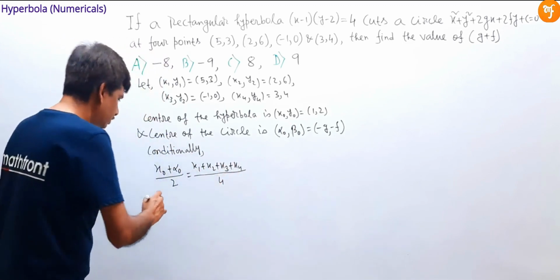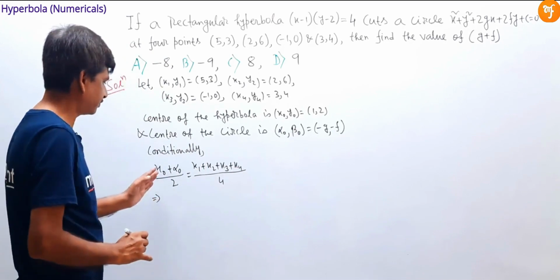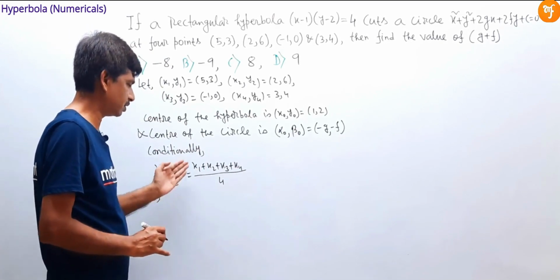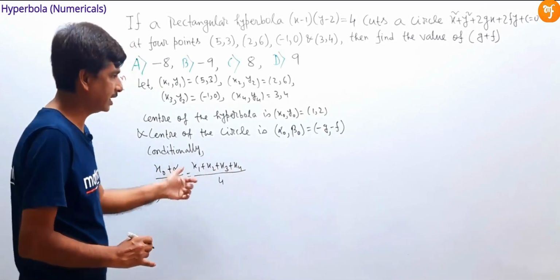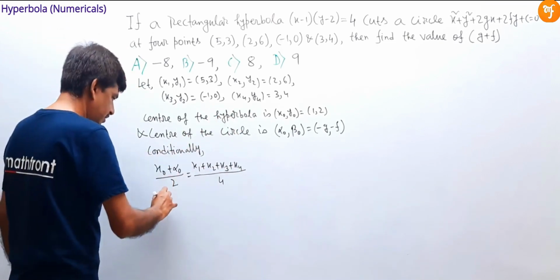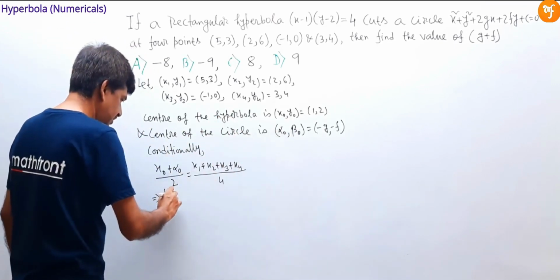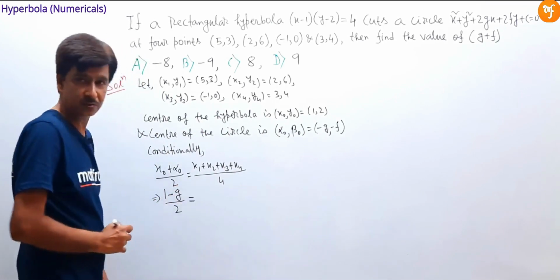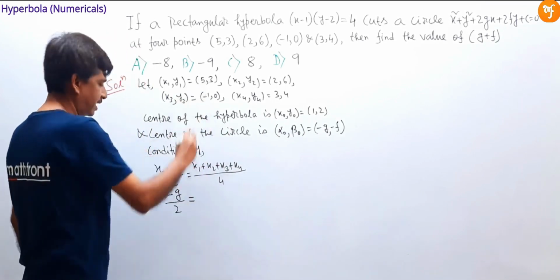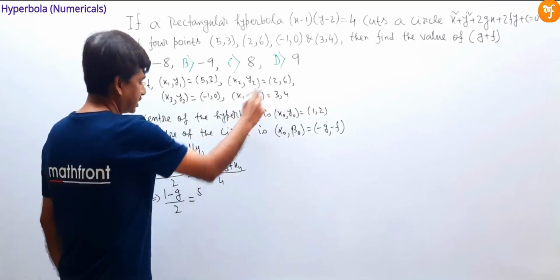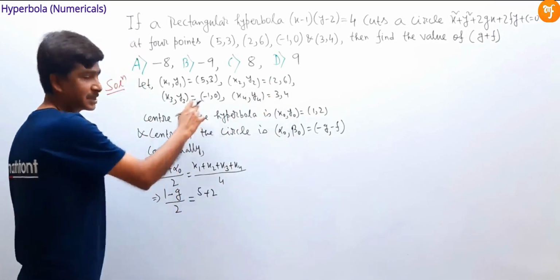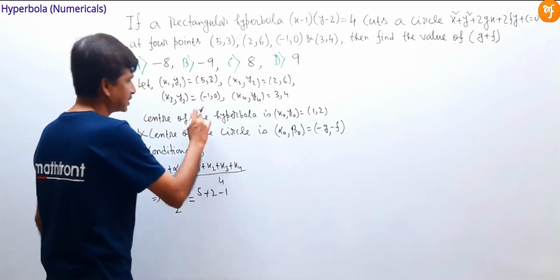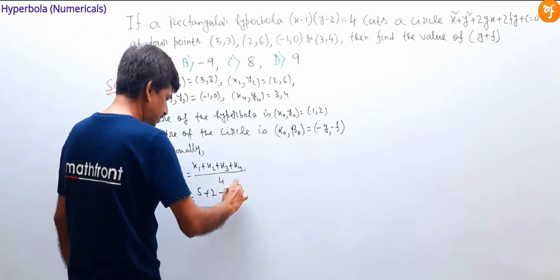Just substituting the values, x0 as 1 and alpha naught as minus g, (1 minus g) divided by 2 is equal to (5 plus 2 minus 1 plus 3) divided by 4.